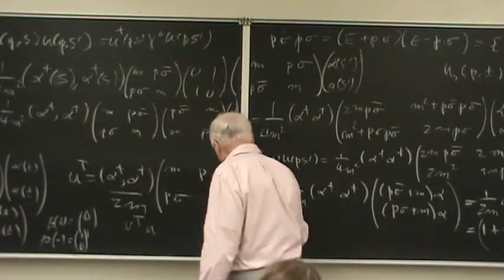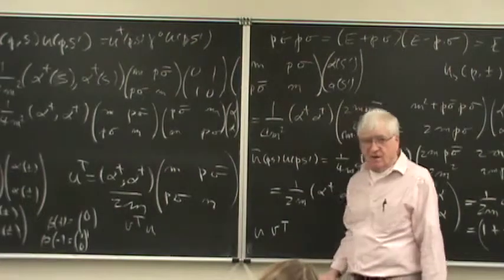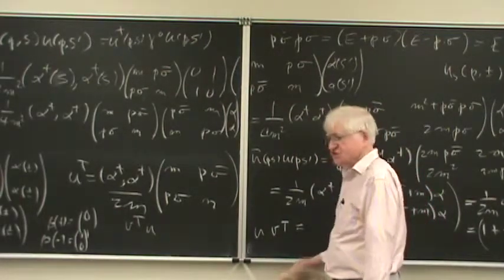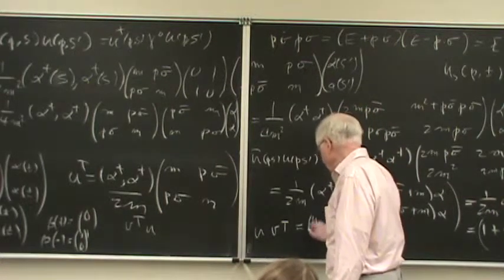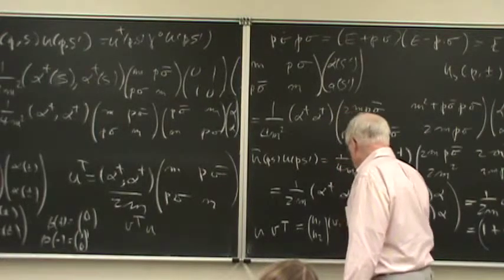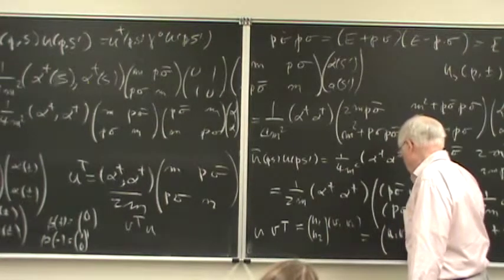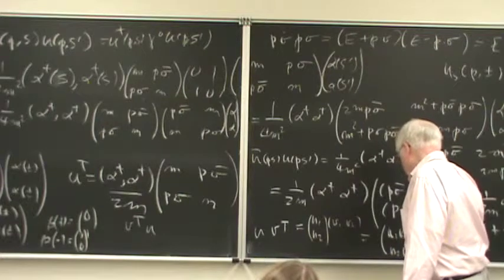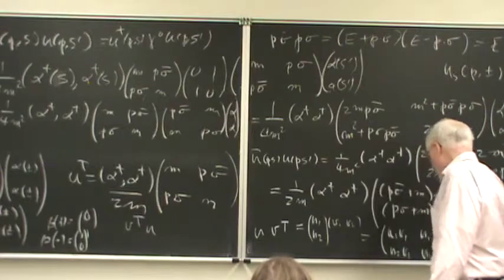But they don't tell you normally what U V transpose is. Although, of course, I do in my book. Suppose it's a 2 by 2 matrix, so then it's U1, U2, V1, V2, and this then is a 2 by 2 matrix, U1 V1, U1 V2, U2 V1, U2 V2.